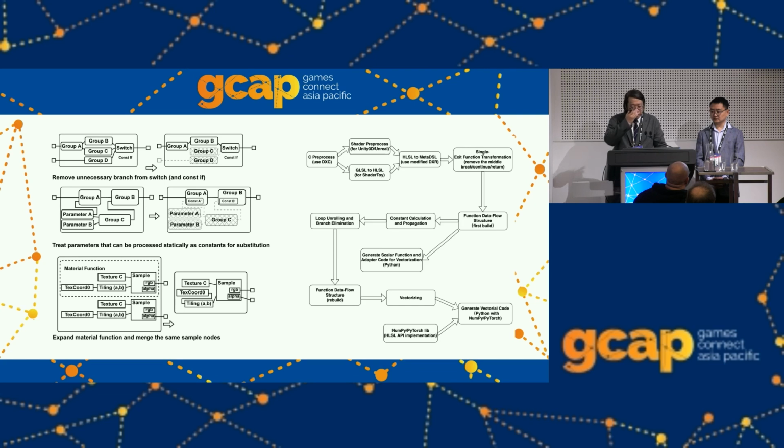For custom node connections, we remove branches related to platforms or quality levels irrelevant to the fitting, fix parameters that can be treated as constants, and disable dynamic effects related to the gameplay.